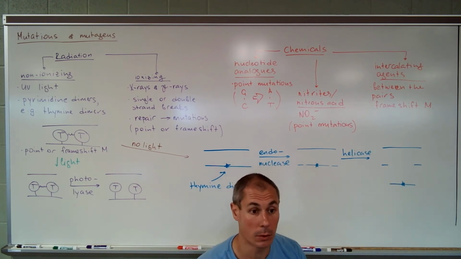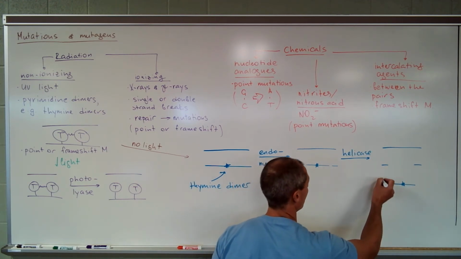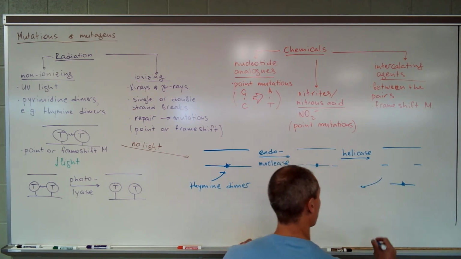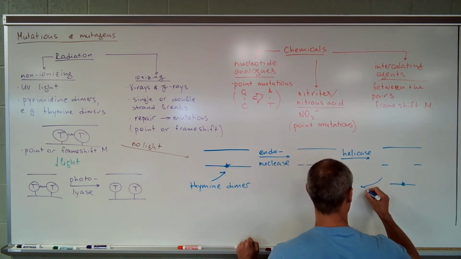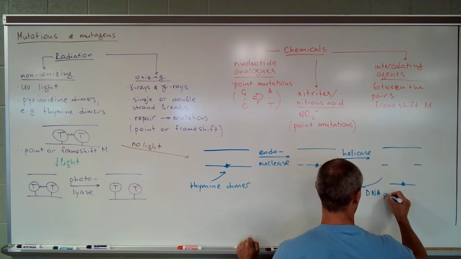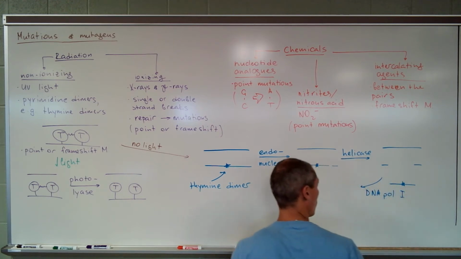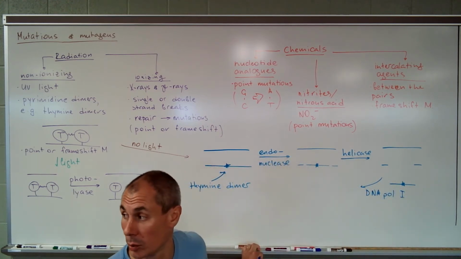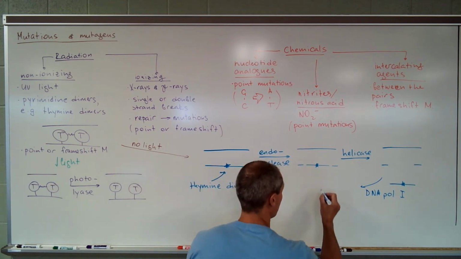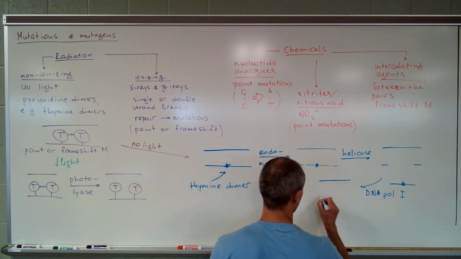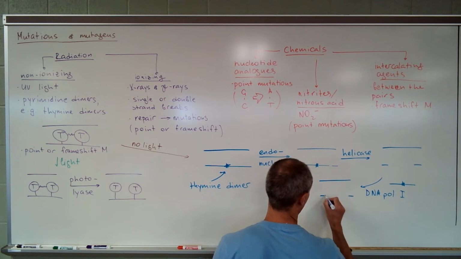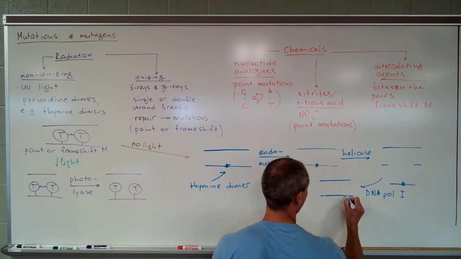So all you need to do is to fill up that gap. So the enzyme called DNA polymerase 1, which we encountered already when we were talking about the replication process, it fills the gap.